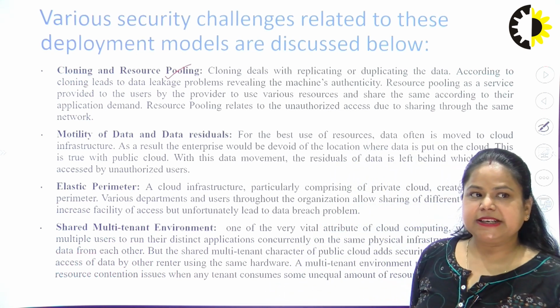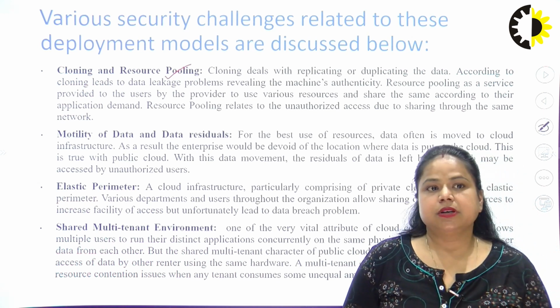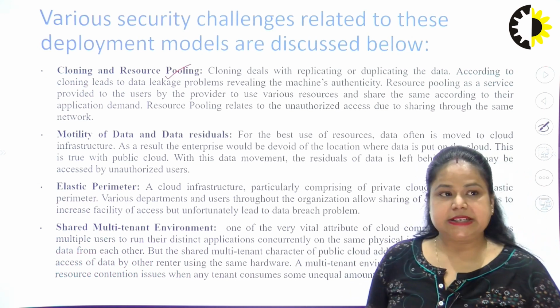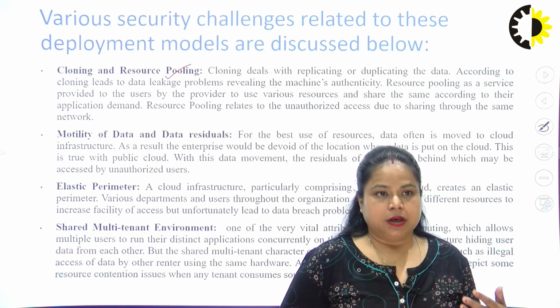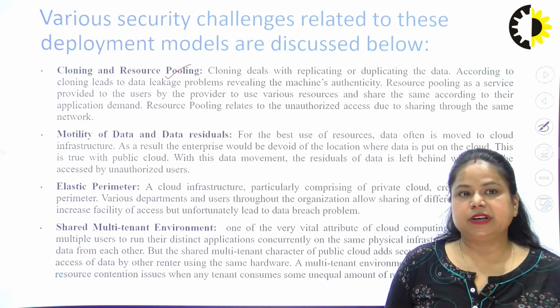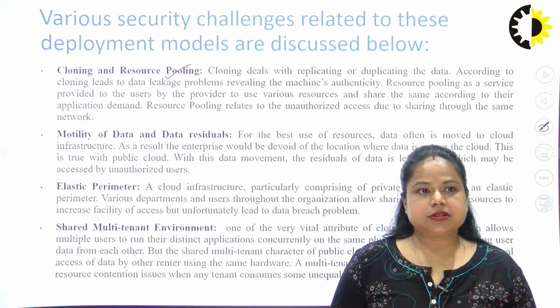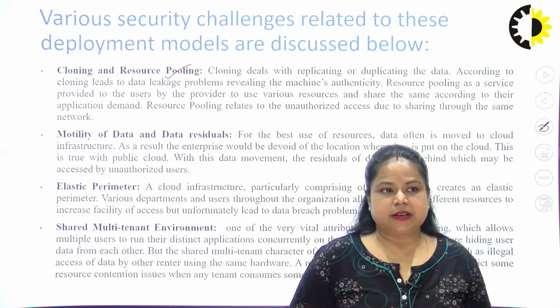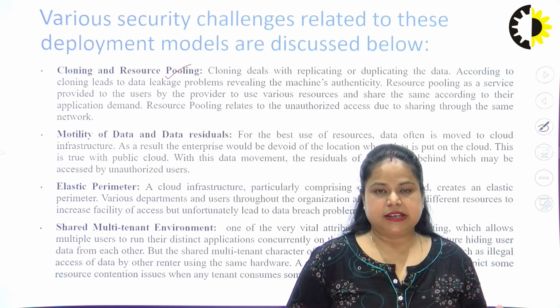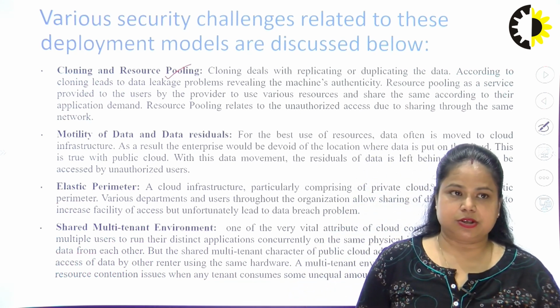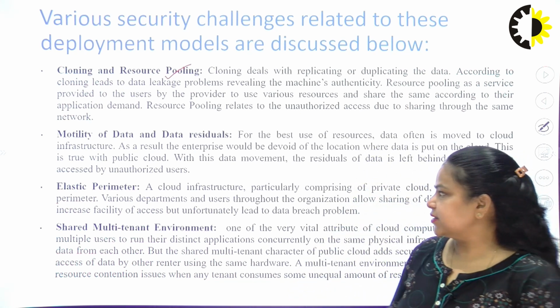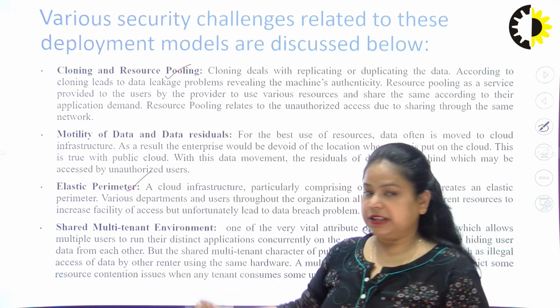The next is motility of data and data residuals. When I'm talking about the motility of data and data residuals, basically we are talking about the best use of resources in the cloud infrastructures, and with the residue, we are talking about errors. We are adding errors into that data, residuals, right? The next is elastic parameter.